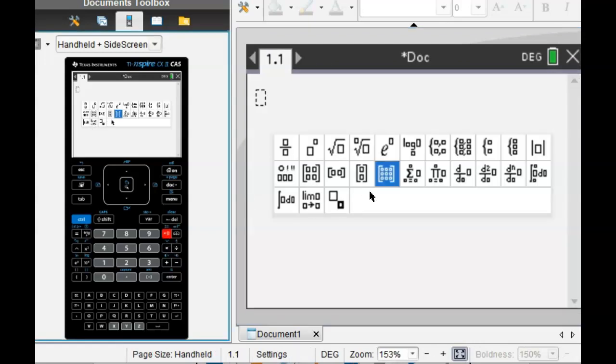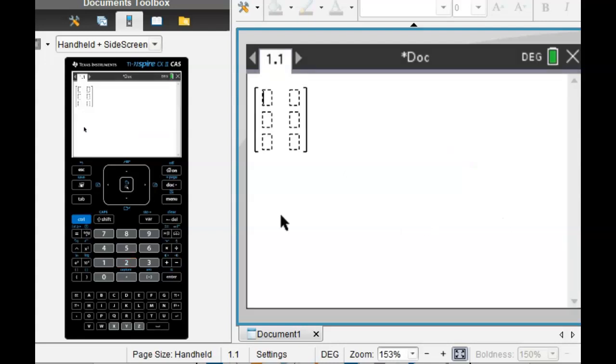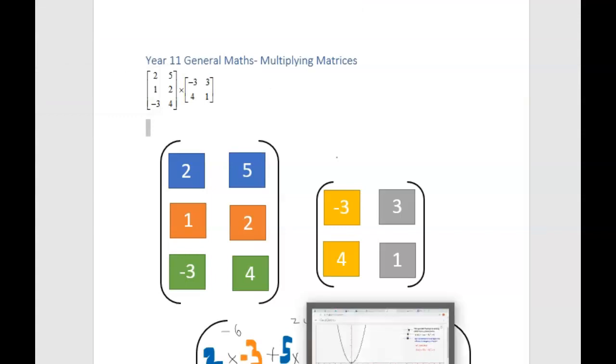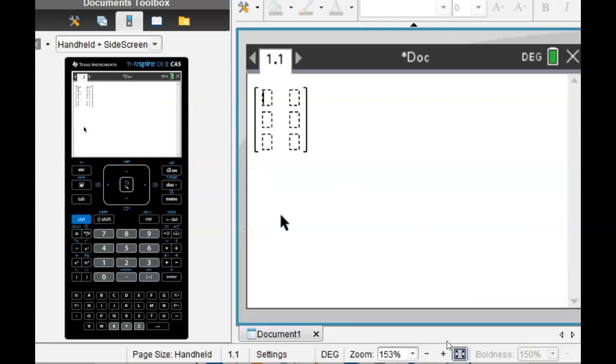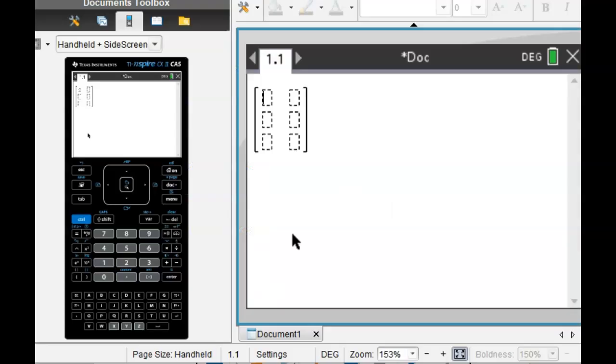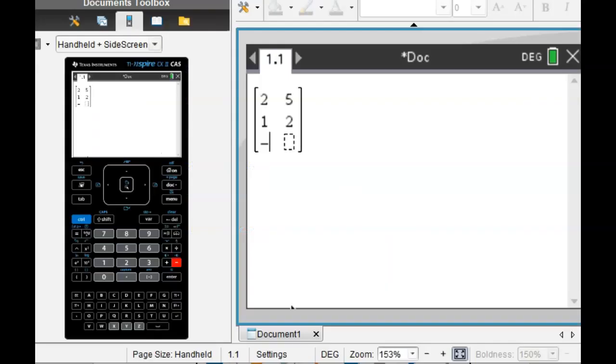Our first matrix is a 3 by 2, so let's put that in. I need to go back to see what the numbers are. So 2, 5, 1, 2, -3, 4. Sorry, 2, 5, 1, 2, and then I think it was -3, 4, but I was going to check. -3, 4.